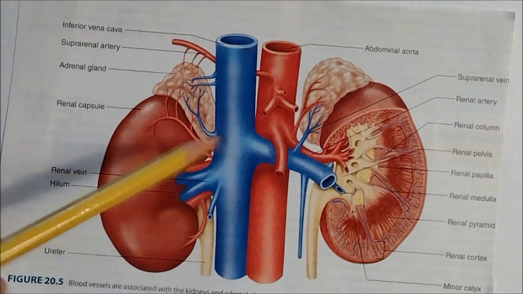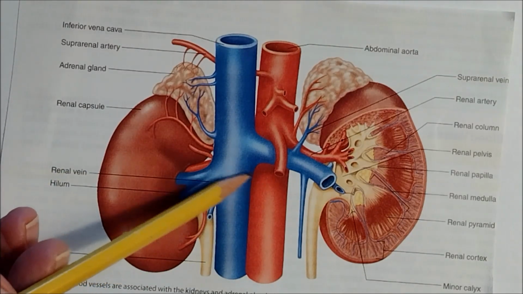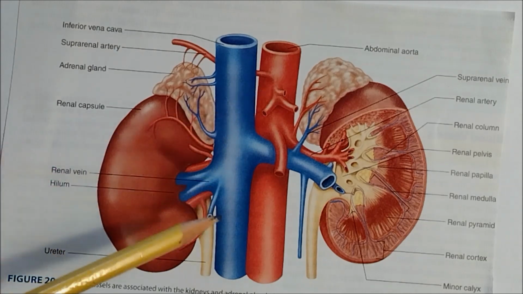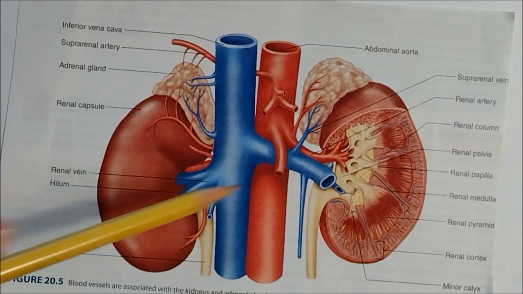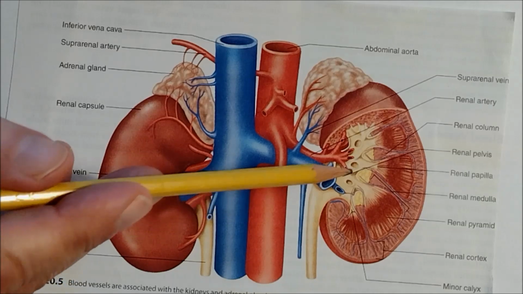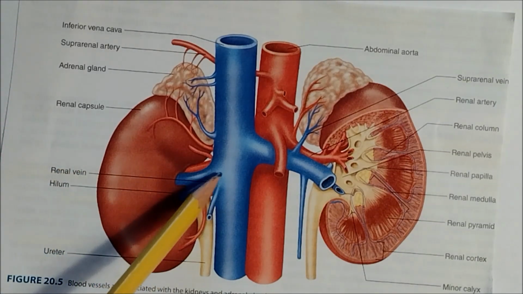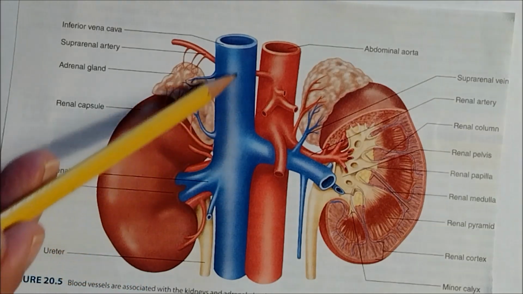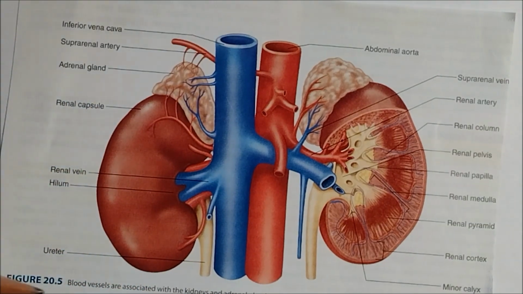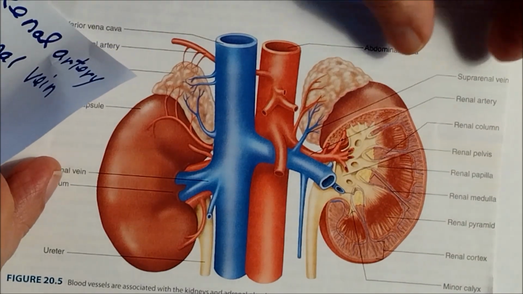So these are very large blood vessels, and they're about 1 inch in diameter, and each of them the artery delivers blood to the kidneys, and when the blood is finished, it returns to the heart via the inferior vena cava. For the spelling of those, let's take a look here.